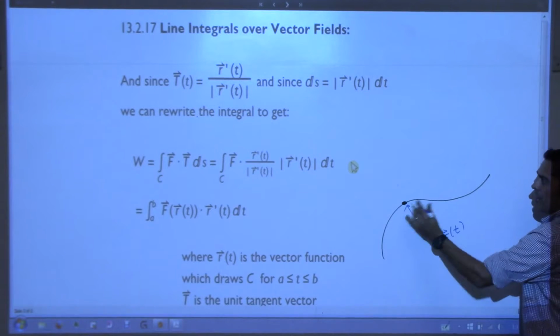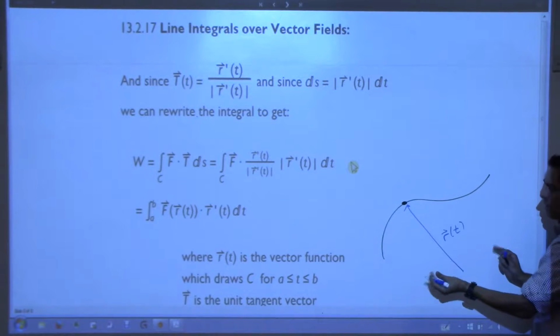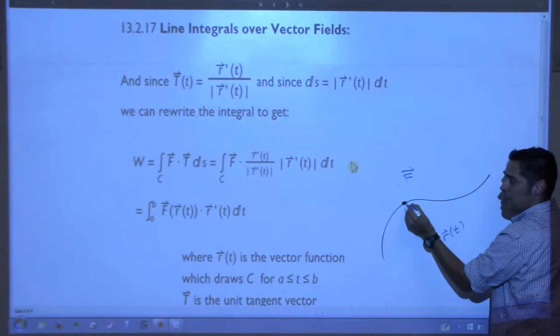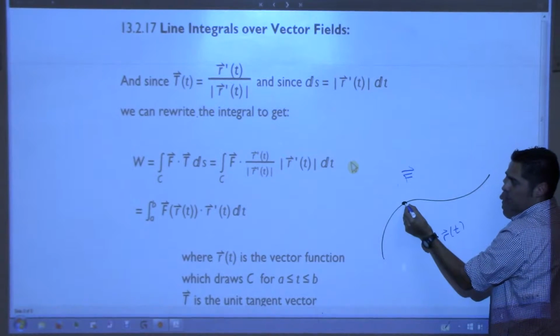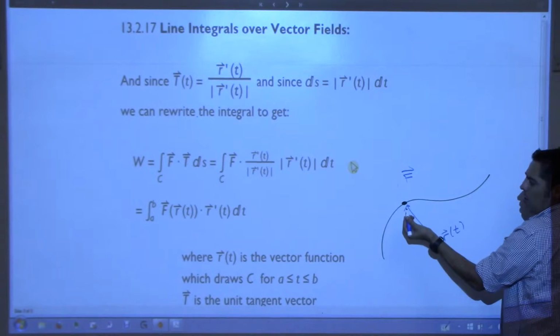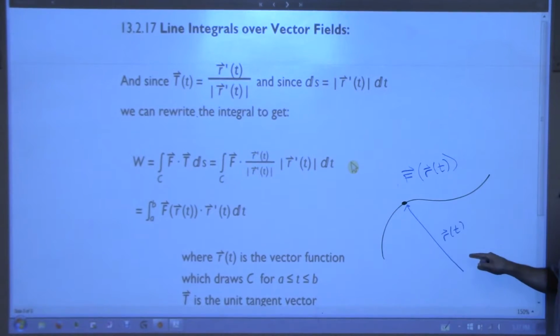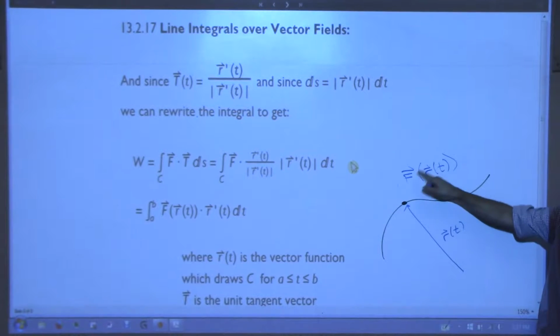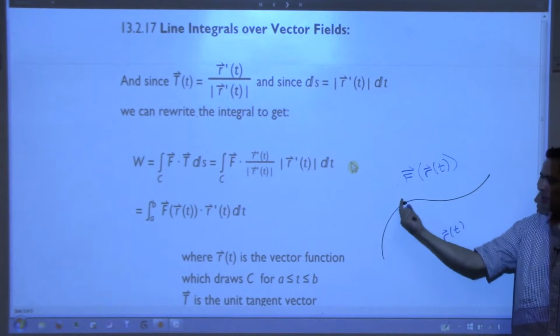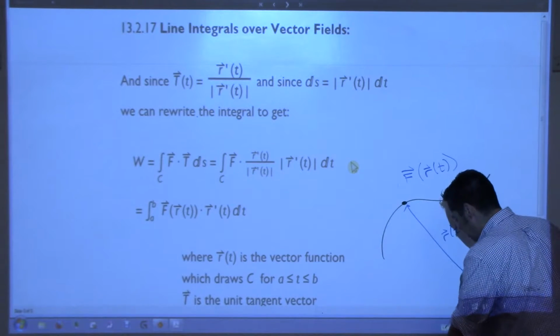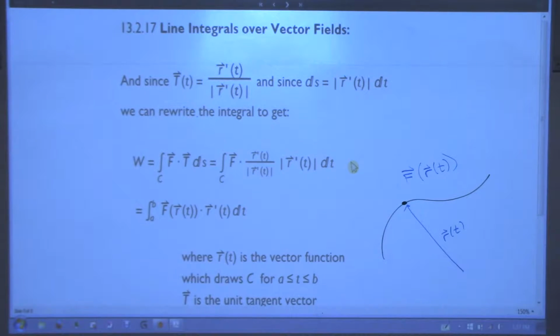Then there's a field. And the field, F, you need to tell me what's happening at that point. What's the field vector look like? Well, where are you? I'm at R of t. That's where I'm sitting. So you're going to plug that vector into that function, and that should spit out the vector for the field that's at that point. You'll see, but it's one of those things where the notation's kind of strange.